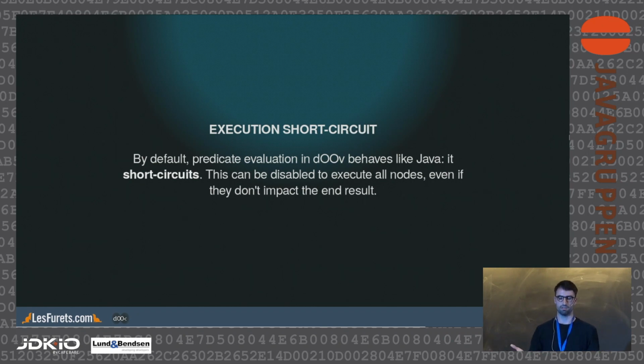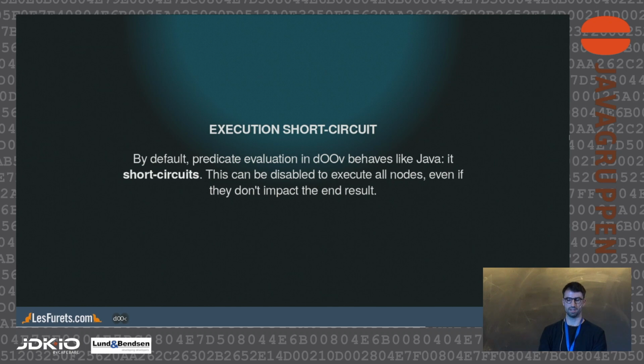So in Java, if you have predicate 1 AND predicate 2, and predicate 1 is false, you don't have to execute predicate 2, right? You don't have to actually know its value. You can just short circuit and say, well, your AND is false. This is basically boolean logic in any language. It's actually also implemented in the Java lambdas, which is pretty nice.